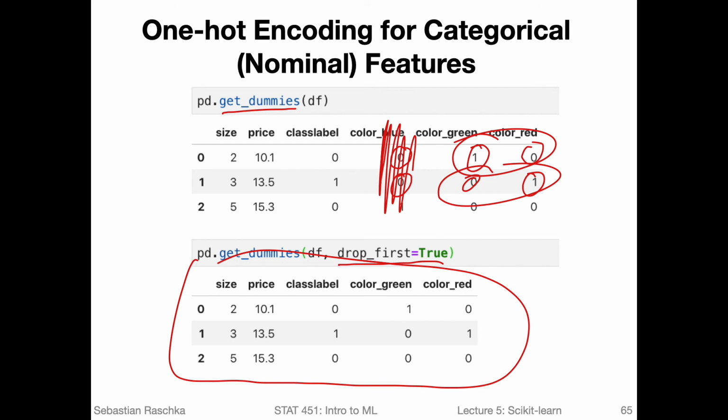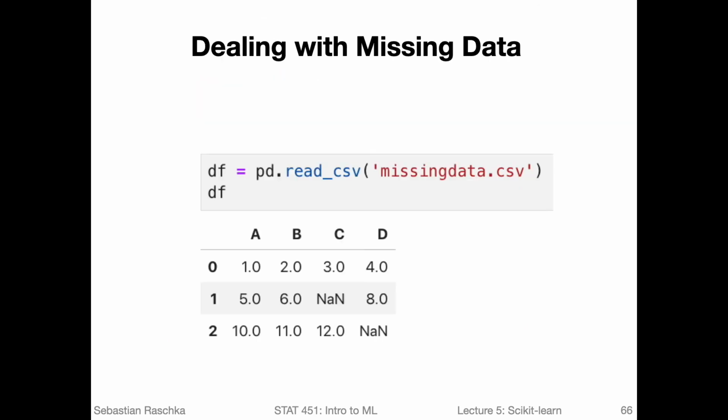However, in this class, the classifiers we use, for example, k-nearest neighbors, decision trees and stuff like that, they don't have a problem with including an additional column, so this one would be just fine. However, if you think about it that way, it would just unnecessarily make the computation more expensive. If you think of k-nearest neighbors, it would just add another dimension to the distance computation. So in that way, it doesn't hurt to drop one feature column, right?